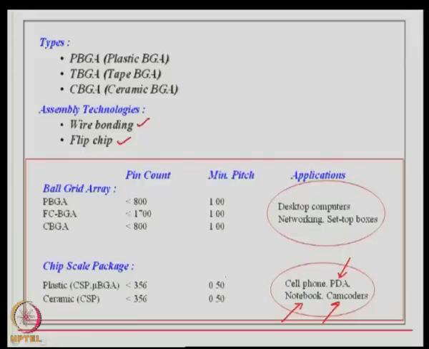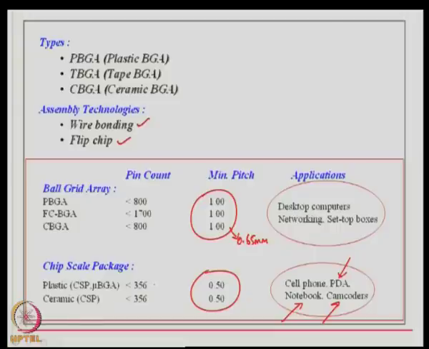As I said earlier, it has to be 0.5 and less, and then in ball grid array typically it starts with 1 mm, and today we have seen ball grid arrays go down up to 0.65 or 0.5. If it is 0.5, then it is a CSP, typically up to 0.65 mm technologies are available.